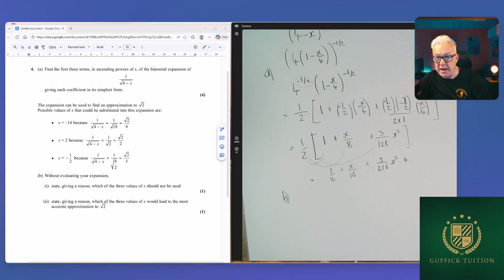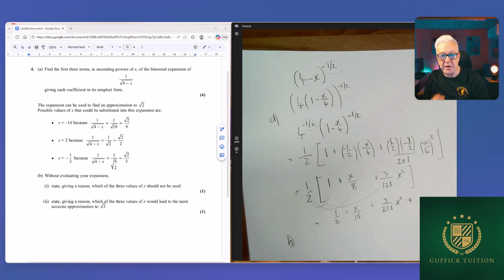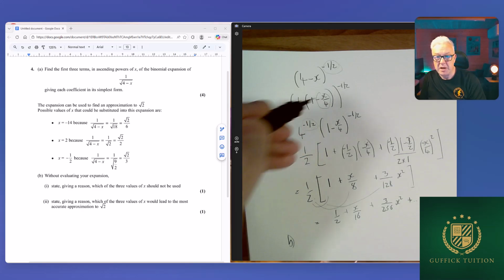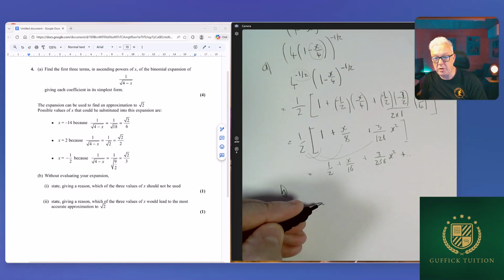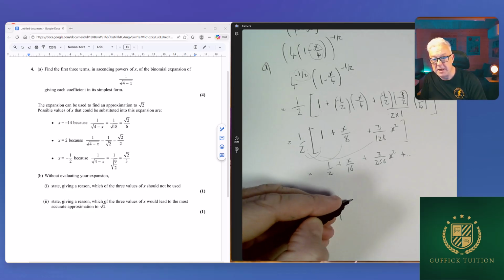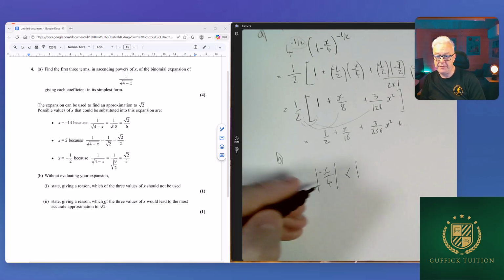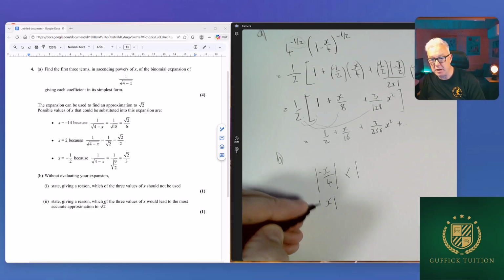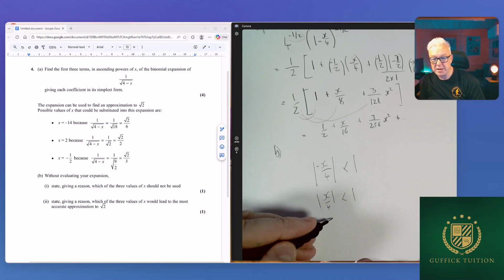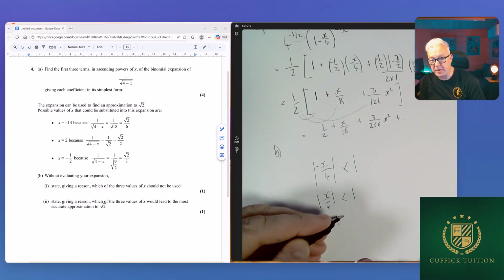Okay, now this is when we've got to work out the range of values that are allowed in an expansion, we need to look at this term here. So this is going to be valid for the modulus of negative x over 4 being less than 1. Okay, now that's the same as the modulus of x over 4 is less than 1 without the minus. And then you times both sides by 4.